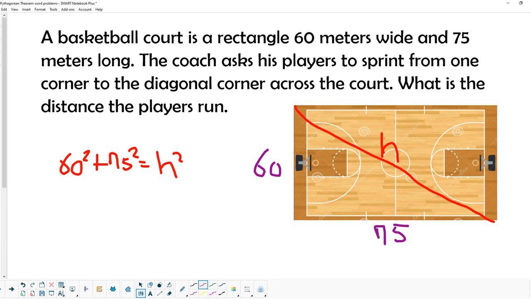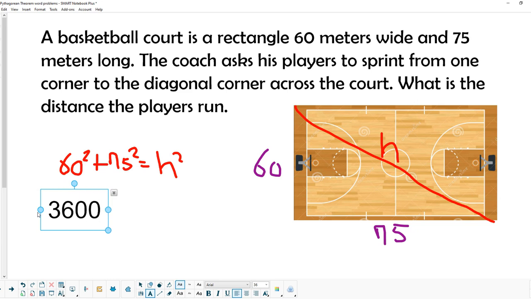On my calculator, I do a little calculating, and 60 squared ends up being 3600, and 75 squared is 5625.